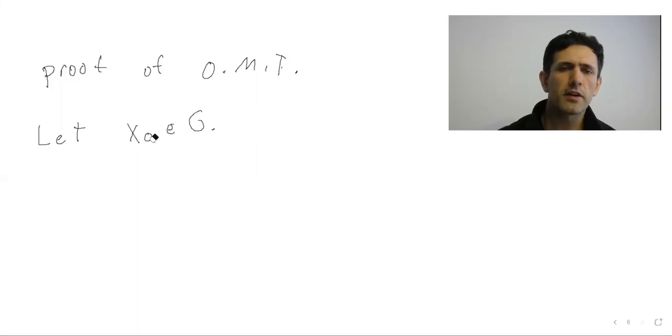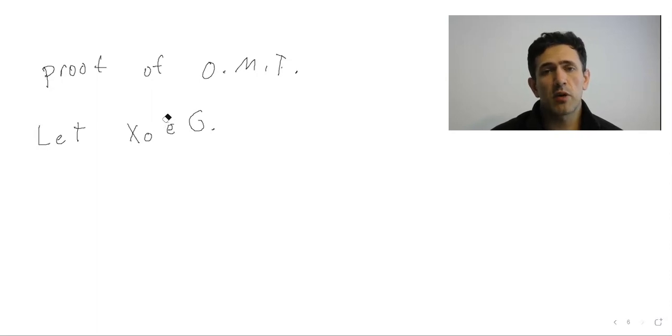I need to find a neighborhood around T of x0 that's contained in T of G. That's going to prove that T of G is open. We're picking an arbitrary point in T of G. That's just Tx0 for some x0 in G. So we need to find a neighborhood about this arbitrary point in TG that's a subset of TG. That'll prove that TG is open. Right?